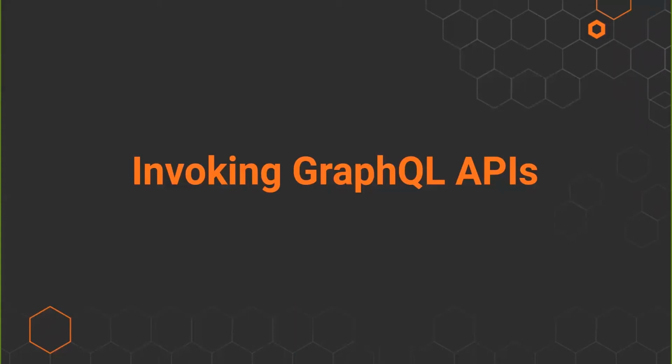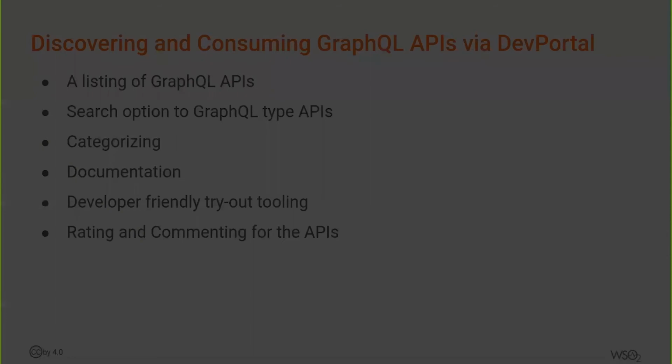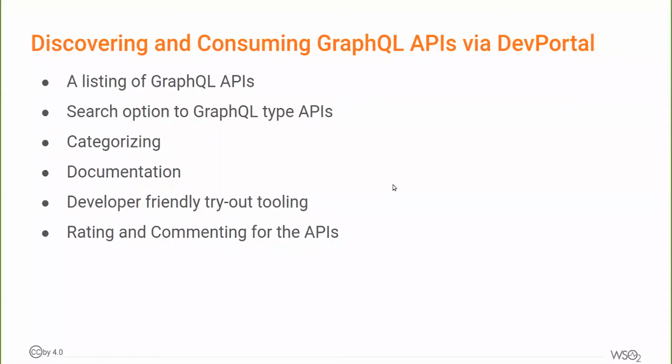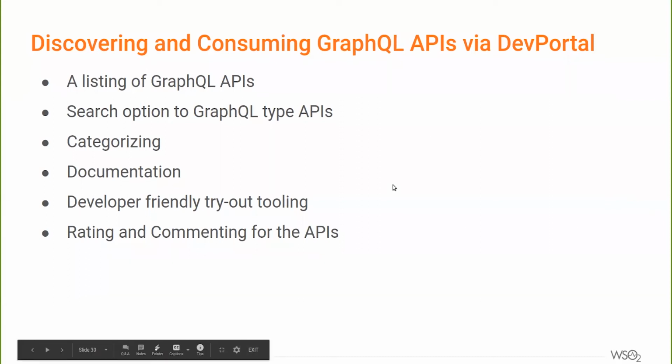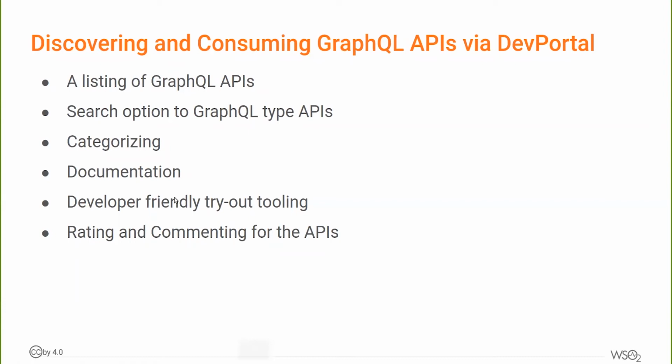WSO2 API Manager's developer portal displays a list of GraphQL APIs, and it provides you a search option for GraphQL type APIs, categorizing, documentation support, a developer-friendly tryout tooling console, and ratings and commenting for the APIs.